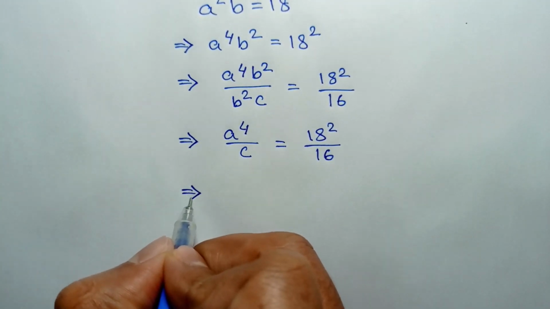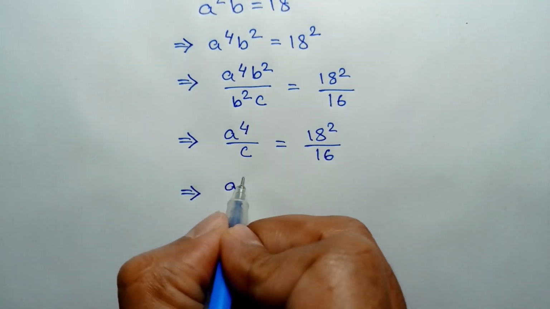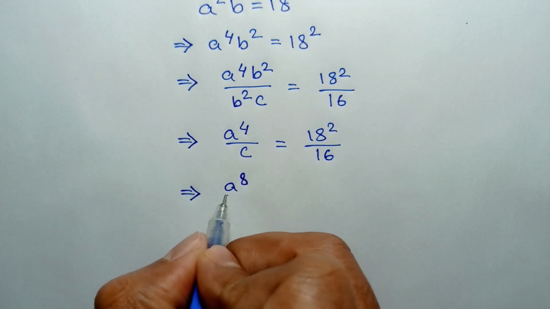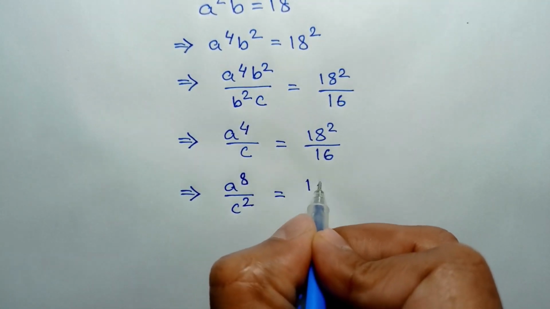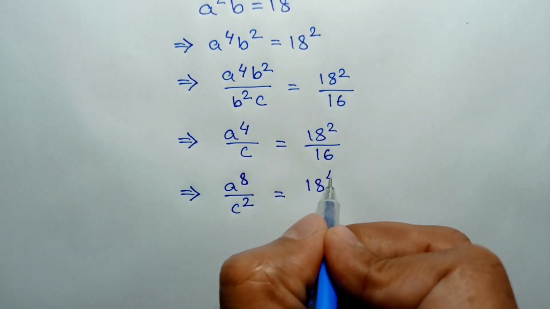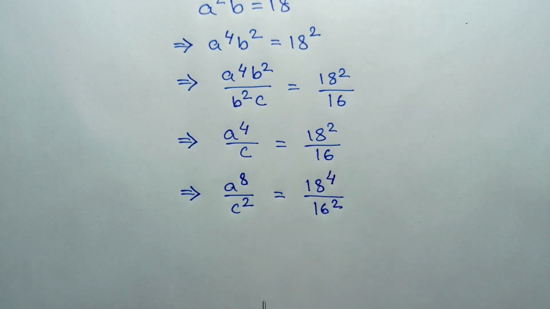Squaring both sides, we will have a to the power 4 times 2 is 8 over c square is equal to 18 to the power 4 over 16 square.